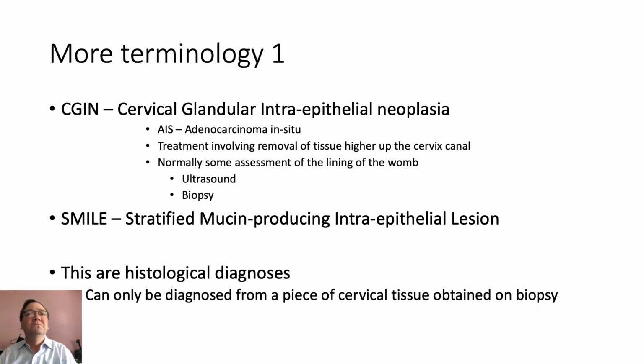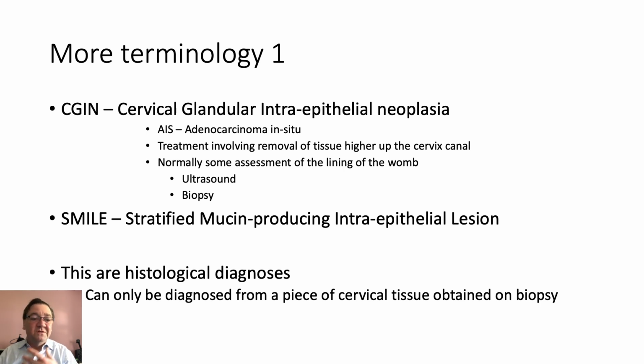Treatment involves removing tissue higher up the cervical canal and normally involves some assessment of the lining of the womb, such as an ultrasound or a biopsy. SMILE is a very rare form of CGIN. It stands for stratified mucinous producing intraepithelial lesion. These are histological diagnoses that can only be diagnosed from a biopsy.